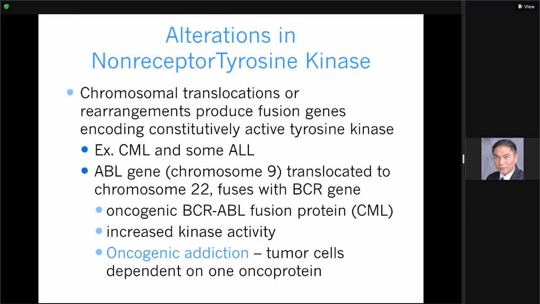We said earlier that when malignancies are diagnosed, hindi lang isa yung genetic aberration, hindi lang isang mutation. There will be several mutations in the cell. Pero meron tinatawag na oncogenic addiction. This is in the treatment of patients with CML.